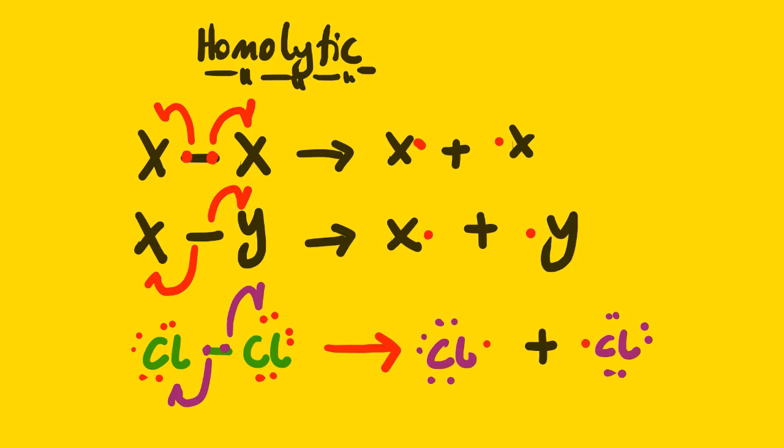And you should also know that it doesn't necessarily mean we only have this type of bond fission on atoms. We can also have this type of fission in compounds. Let's say we have C2H6, which we are going to have something like this.